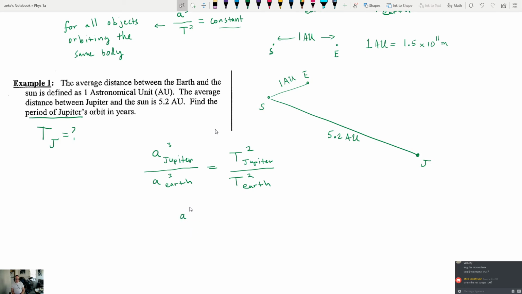If we take the semi-major axis of Jupiter cubed, divide by the semi-major axis for Earth cubed, and then multiply by the period of Earth, T_E, squared, this should give us the period of Jupiter as long as we square root it. So we'll end up getting the period of Earth times the square root of A_J over A_E, all cubed. That's going to be our answer.